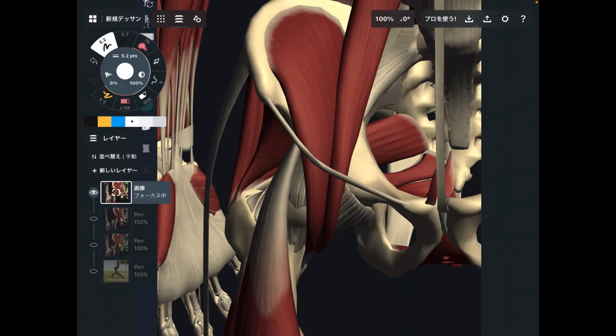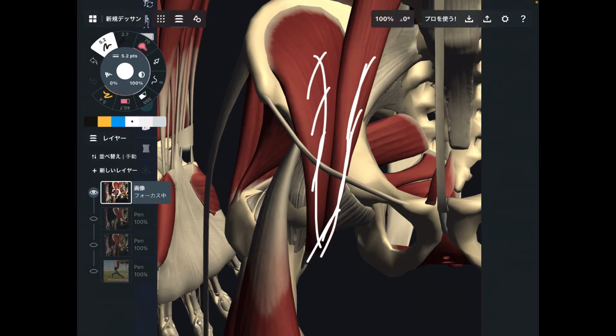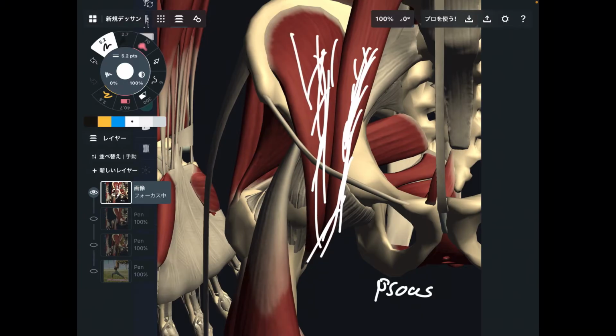Let's get started with these two muscles. These two muscles are kind of individual muscles. They are separated. However, I want to treat these muscles as one muscle in this video. This right side one is psoas, and this left side one is iliacus.